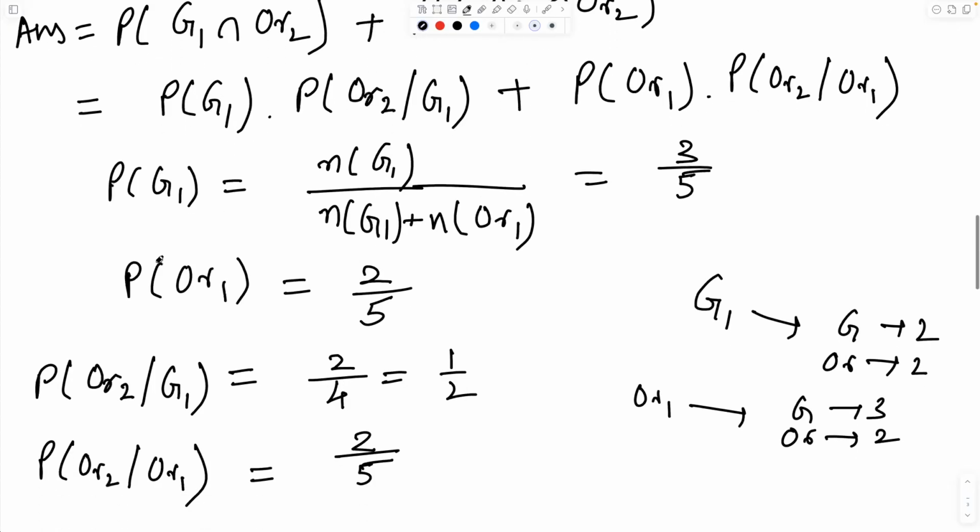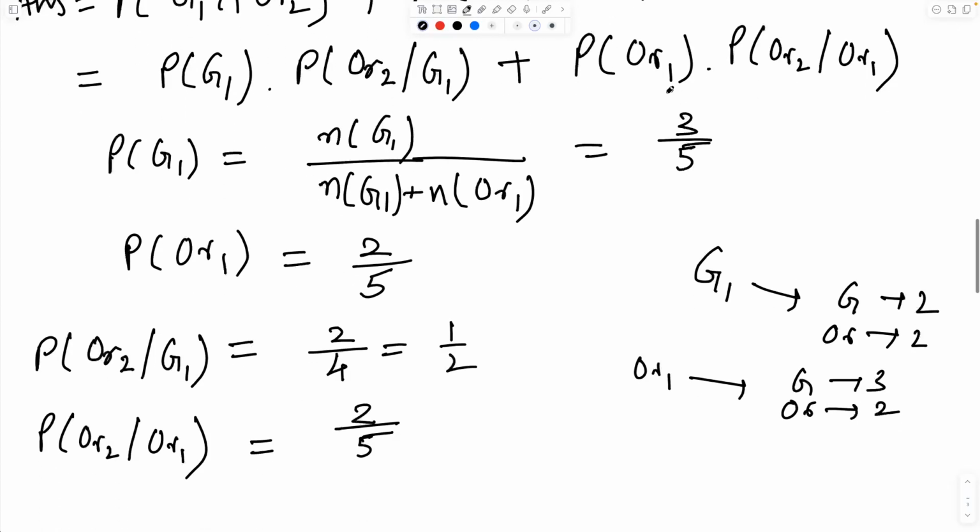Now we have calculated all the terms that we have to know to find the answer. Directly apply these values to this expression and you can directly find the answer. The answer is going to be equal to your P(G1) is basically going to become 3 by 5, right? So 3 by 5 times what? Times this thing, P(O2 given G1). P(O2 given G1) is basically 1 by 2. Okay.